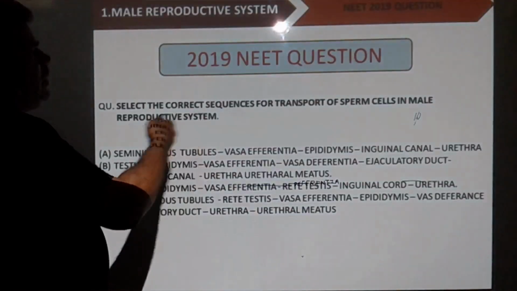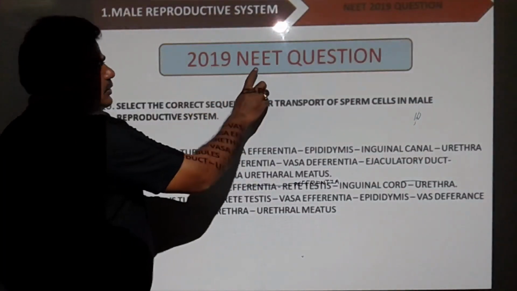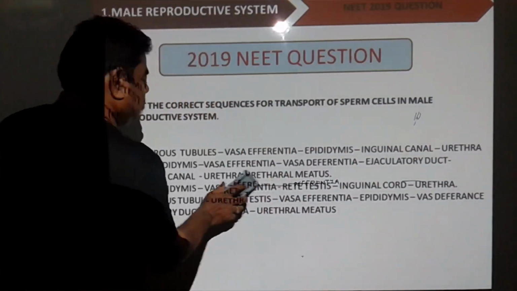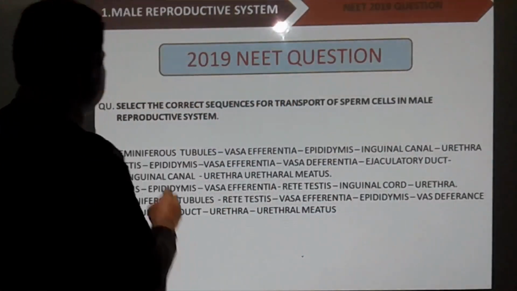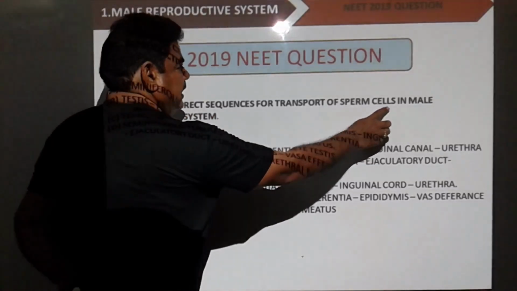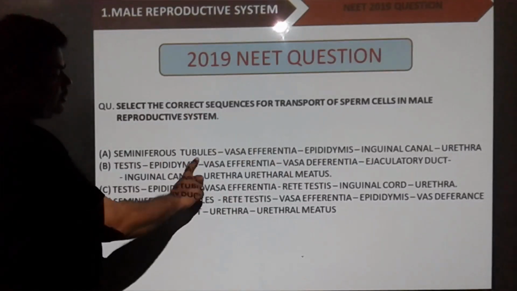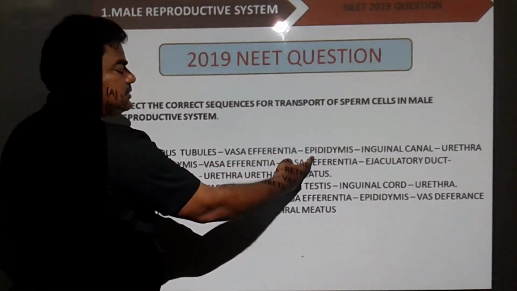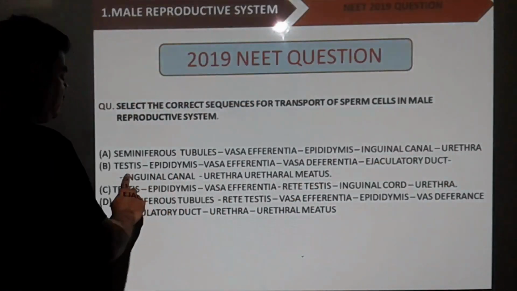In 2019, the previous year, they constructed a question on this sperm route. Select the correct sequence for transport of sperm cells in the male reproductive system. One: seminiferous tubule, vasa efferentia, epididymis, from epididymis inguinal canal, then urethra.